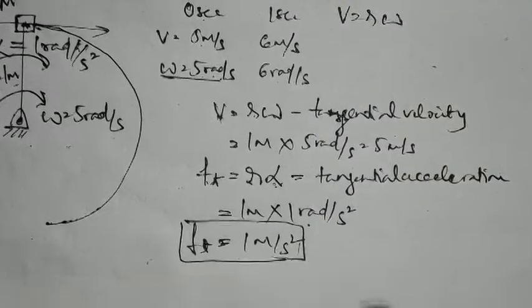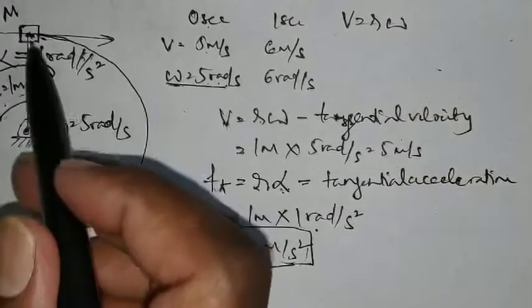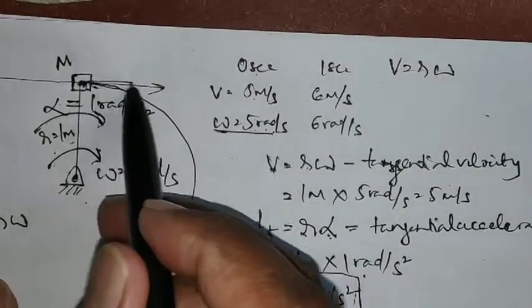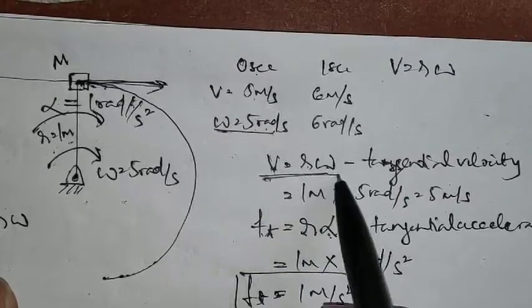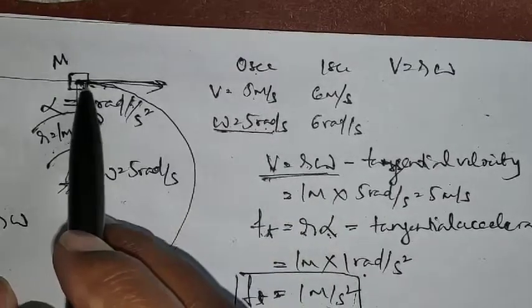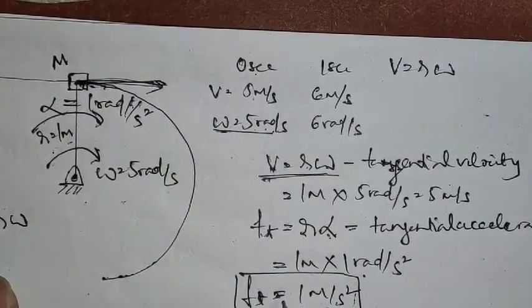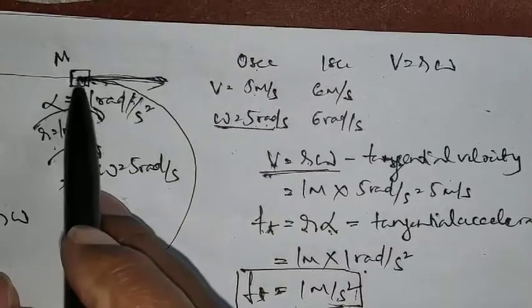So this is the tangential acceleration, which is always perpendicular to the link, and always in the direction of the velocity when the velocity is increasing.